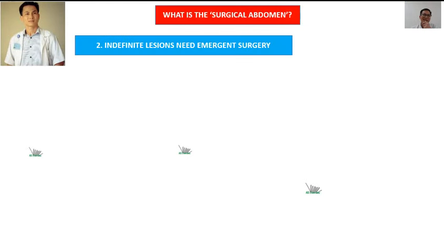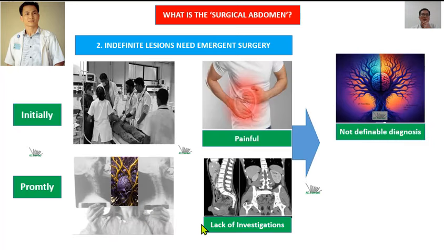The second meaning of surgical abdomen refers to an initial diagnosis where the patient is indicated for hospitalization to undergo further observation or emergency intervention. So, usually, the patients present with painful symptoms.